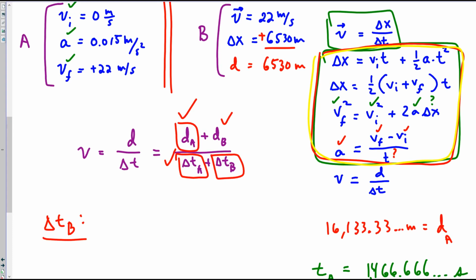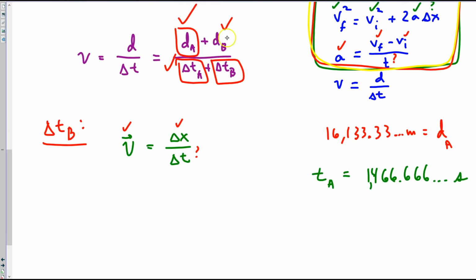Well, the first thing I remember is I have constant velocity in B, so I need to use that top equation. It's the only equation that I can use. So there's no decision here to make at all. I'm looking for time. I know how far we went, I know the displacement, and I know the speed, the constant velocity. So this is 22, positive 22 meters per second is the constant velocity.